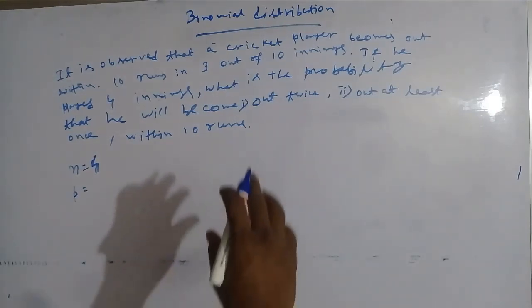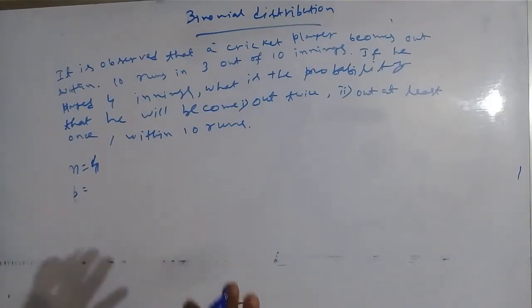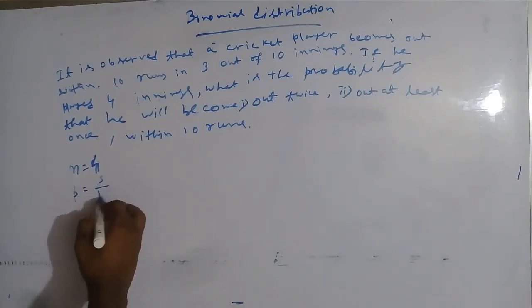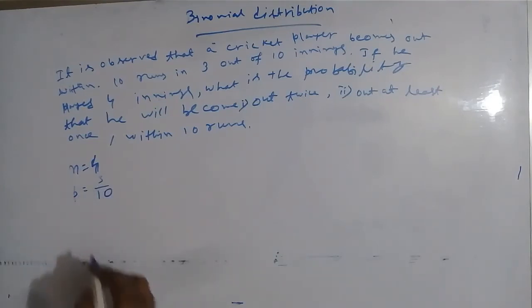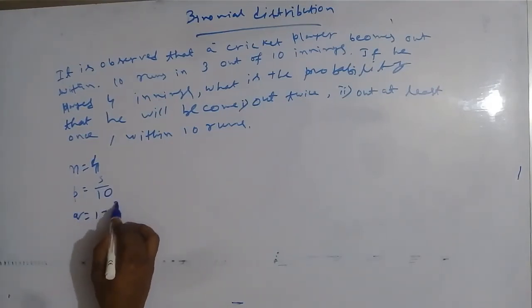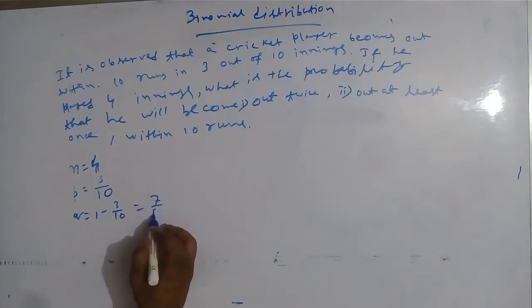So in 10 innings he becomes out within 10 runs in 3 innings. So p will be 3 by 10. Then q will be 1 minus 3 by 10, that is 7 by 10.